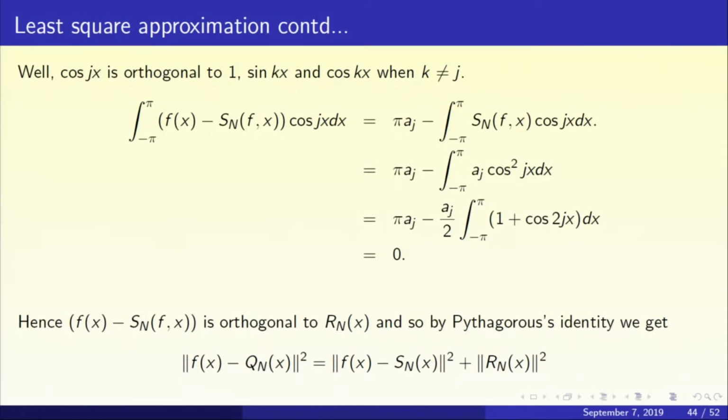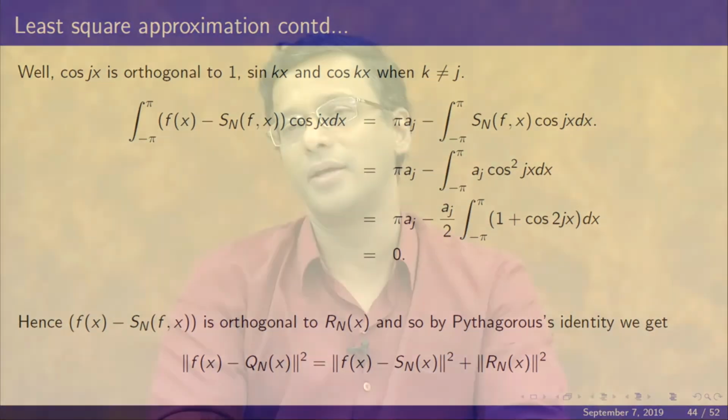So we have proved that f(x) minus Sn f(x) is orthogonal to 1, cos x, sin x, etc., cos nx, sin nx. In other words, it is orthogonal to every linear combination thereof, and so it is orthogonal to Rn(x). So now we can apply the Pythagoras' identity, and we get the norm of f(x) minus Qn(x) squared equals the norm of f(x) minus Sn(x) squared plus the norm of Rn(x) squared. Now notice that the norm of Rn(x) squared is always non-negative. So what do you get?